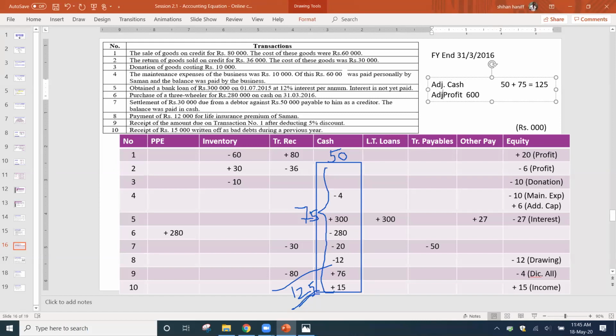Can you all tell me the adjusted profit is how much? Tell me the adjusted profit.